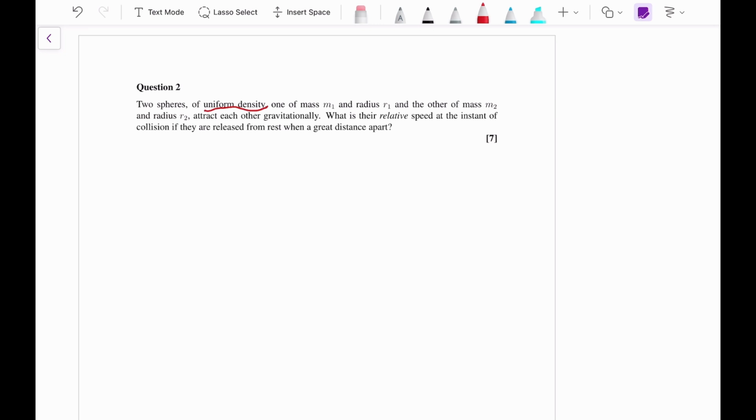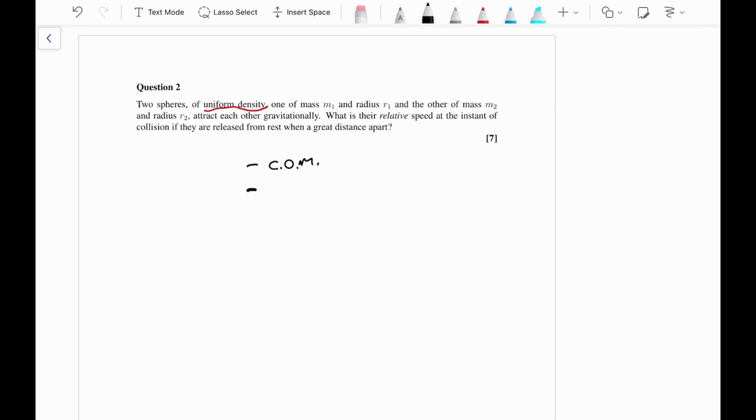So essentially, the gravitational attractions will cancel each other out, leaving a net force of zero. And so we can actually establish conservation of momentum. Let me write this down first. Conservation of momentum.